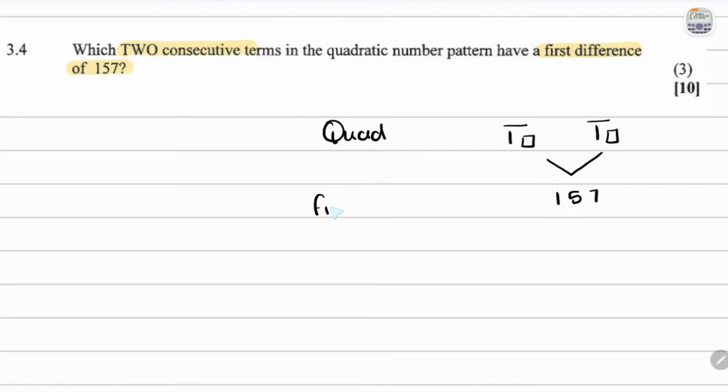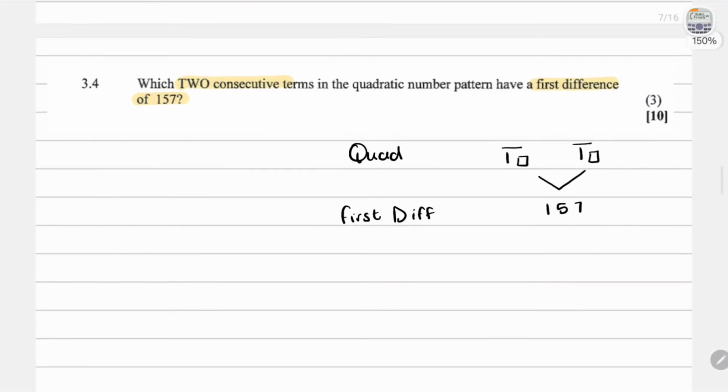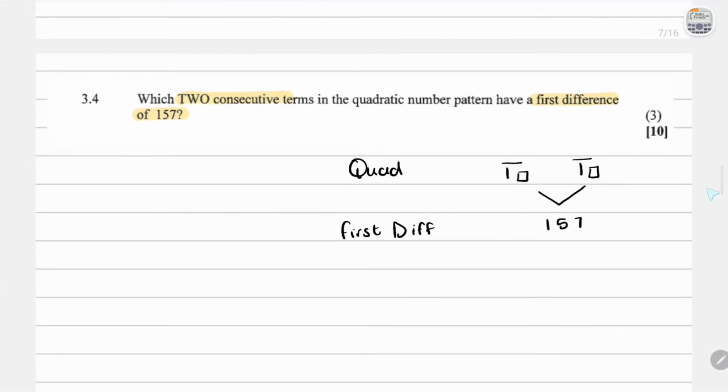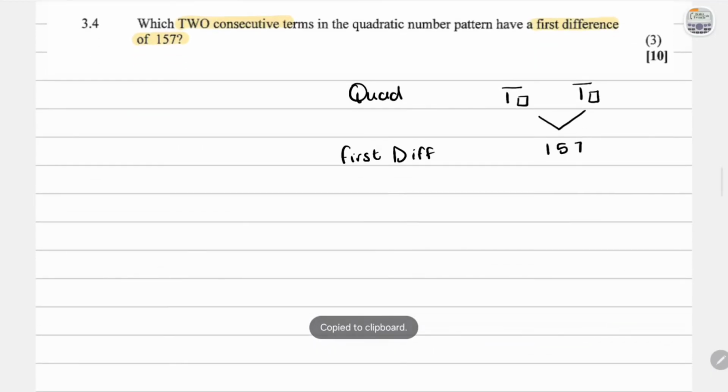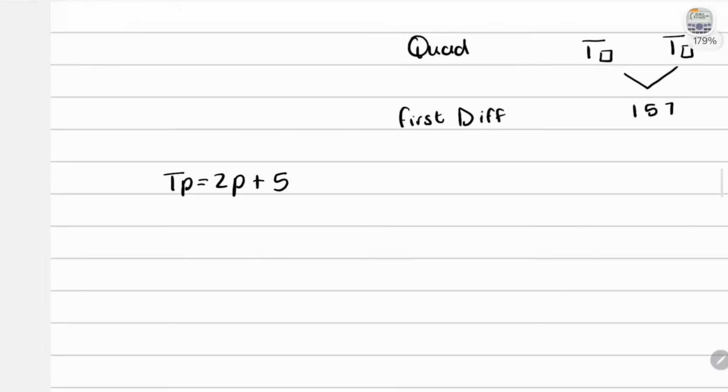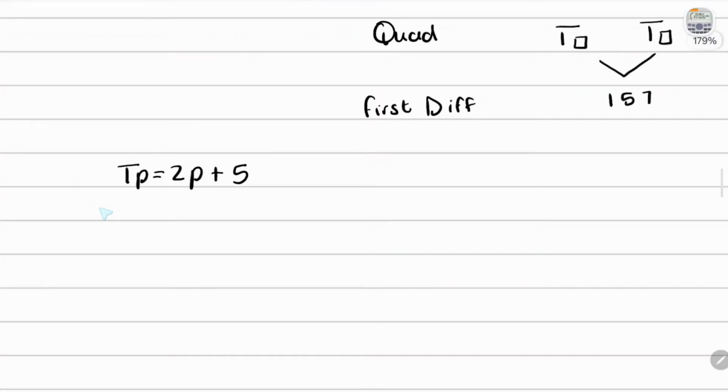We already have the formula for the first difference, so we can use that here. Here's the formula. In place of the term value Tp, we're going to substitute 157 to find out which term in the first difference gives us 157. That is 157 equals 2p plus 5.